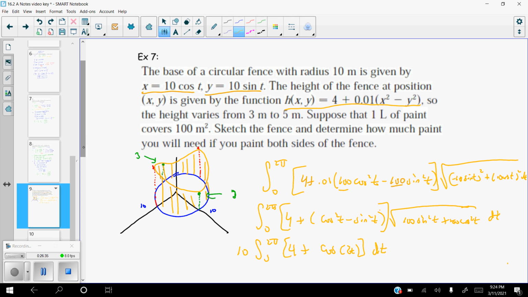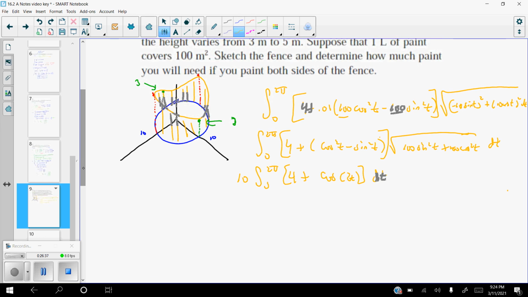So now we can go ahead and find the line integral, take the antiderivatives. I don't want to write 0 to 2 pi anymore. So we're going to have 4t plus, the antiderivative of cosine is sine. Don't forget the extra 1/2 from the front. And we will evaluate that from 0 to 2 pi.